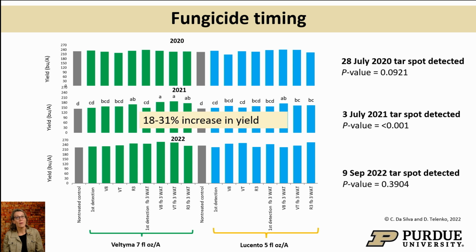Those were the best times to apply. And incidentally, of all the years that Darcy's been doing this work on tar spot, 2021 is the only year where that double application really helped reduce the amount of disease. And then in 2022, very, very low disease and no significant effect of that fungicide application and reduced disease on yield.